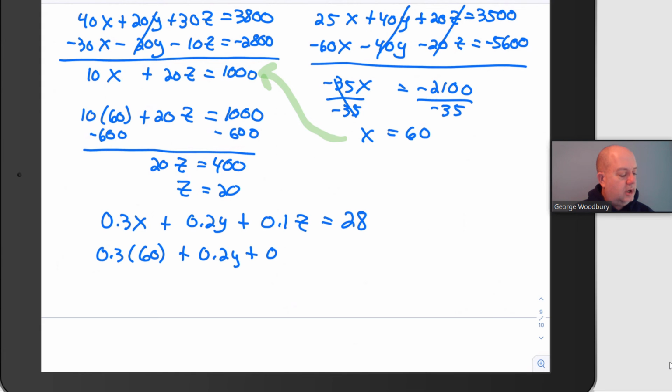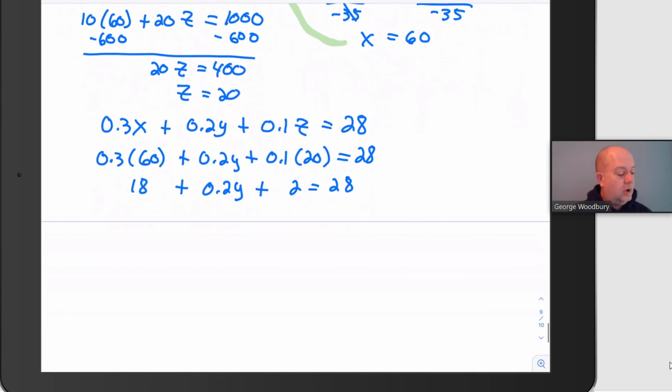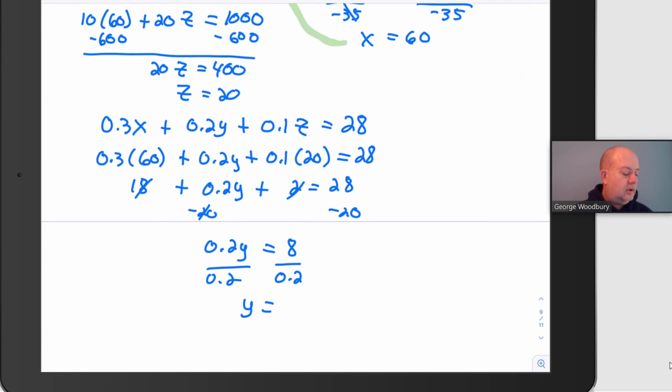Put in 20 for z. And let's solve for y. 0.3 times 60 is 18 plus 0.2y. 0.1 times 20 is 2. 18 plus 2 is 20. So if I subtract 20 from both sides, I get 0.2y equals 8. Divide by 0.2. And you'll get y equals 40.